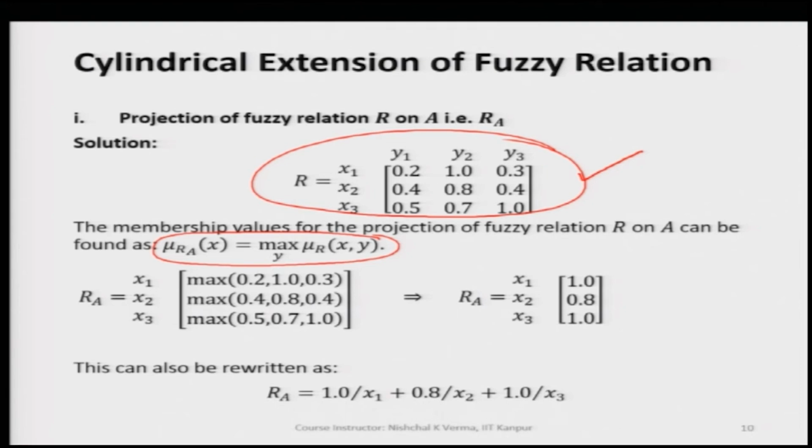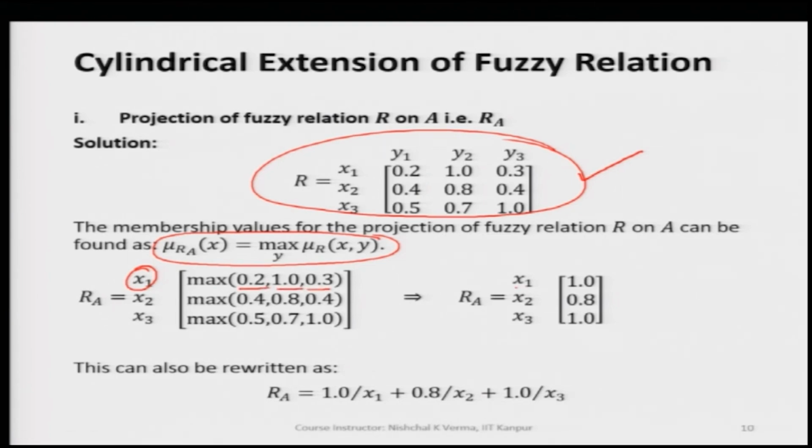That is how we eliminate the y dimension. You see here, we have the original relation matrix. Now, across all the rows, we take the maximum of all the elements. Corresponding to x 1, we get the membership value after taking the max of 0.2, 0.1 and 0.3.